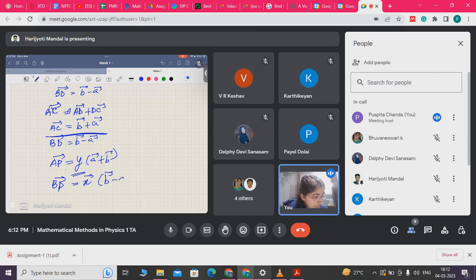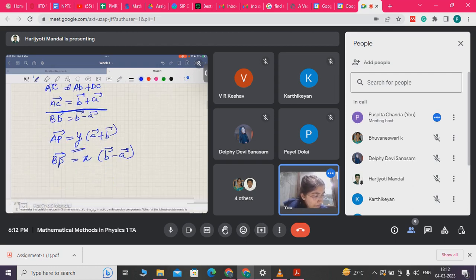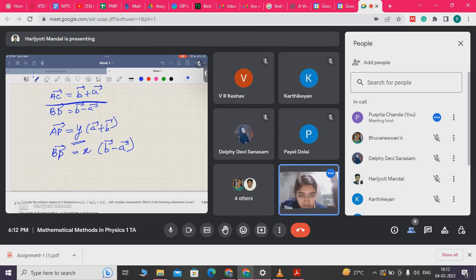The direction is B minus A. Sorry for this mistake, it is a scalar. So AP will be in the same direction as AC, that's why we can write this way, and BP will be in the same direction as BD, so some constant times the same vector.